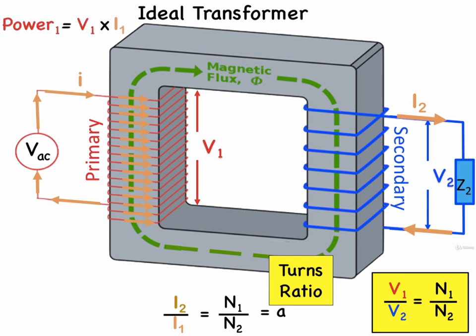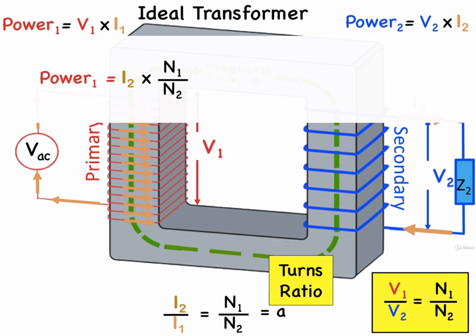We can measure the power flow out of the secondary similarly by measuring V2 and I2, and that will give us the power flow out of the secondary. Now, we can take the power flow into the transformer equation and, converting I1 and V1 to I2 and V2 using the turns ratio, we get this equation.